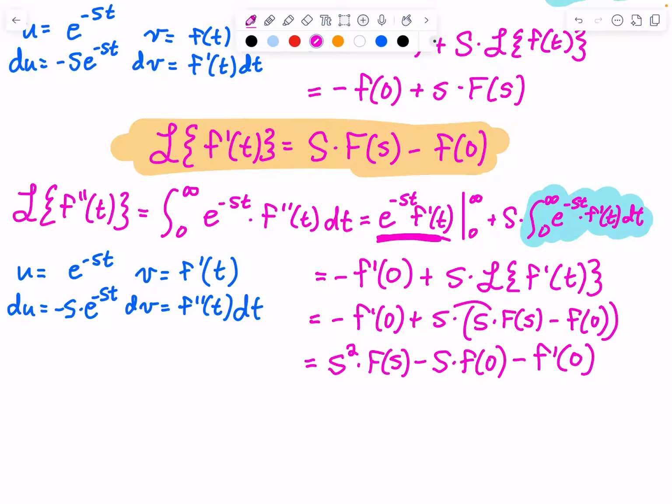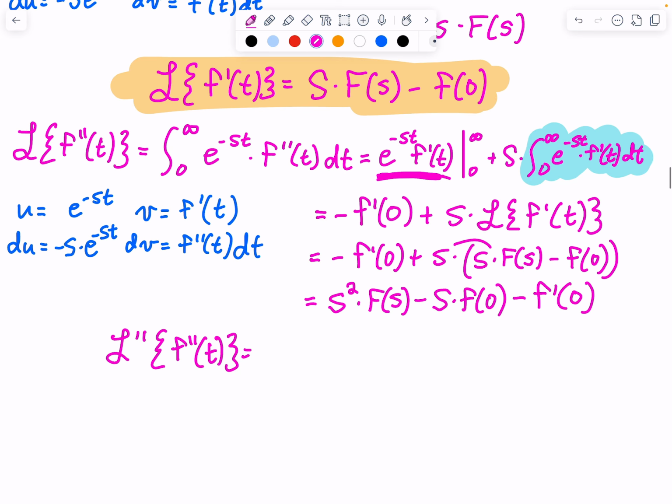So that is our definition for the second derivative. All right, so the Laplace of f double prime of t is going to be equal to s squared times F of s minus s times f of 0 minus f prime of 0.